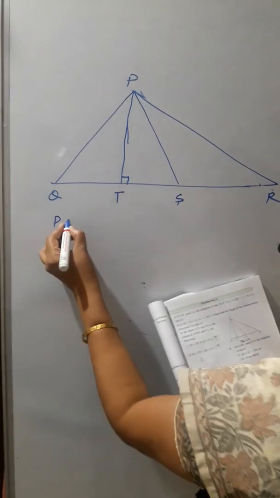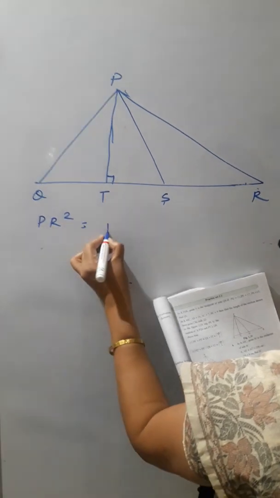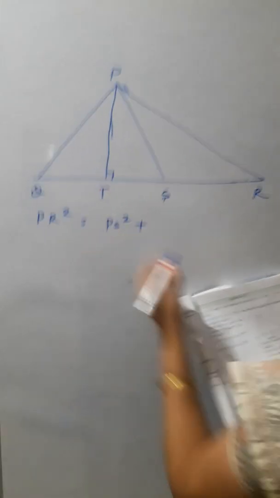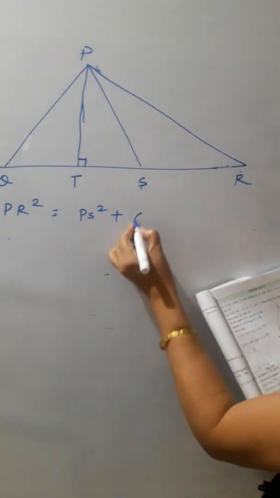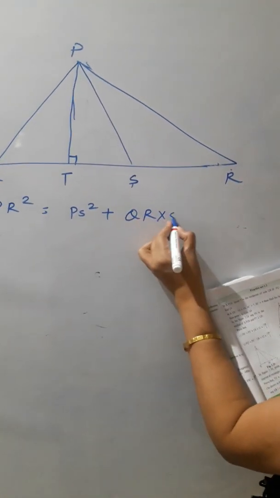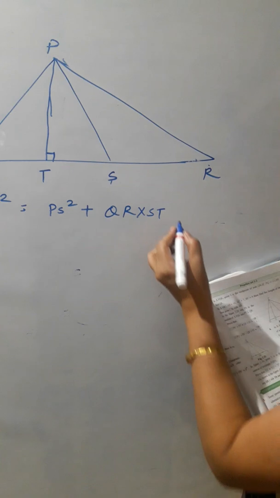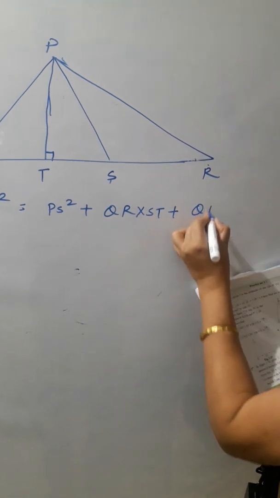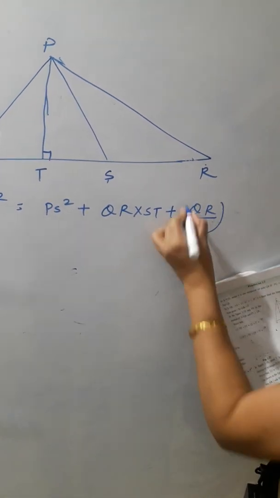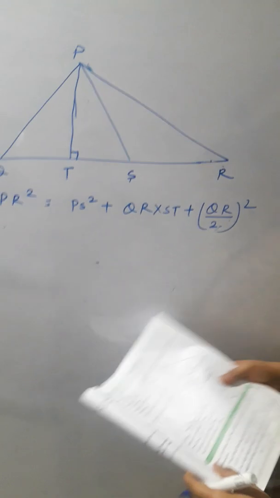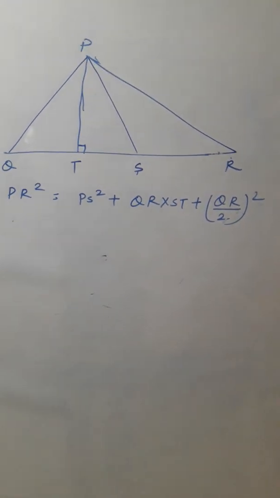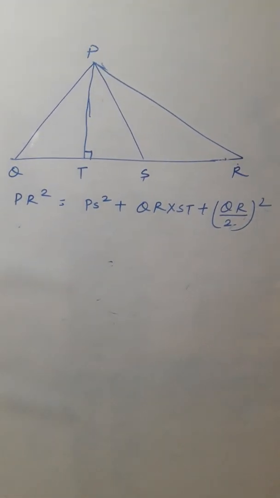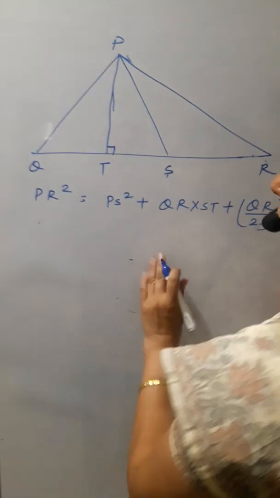PR square is equal to PS square plus QR into ST plus QR upon 2 whole square. First we will solve this question. Okay. Now see the question, read the question carefully.